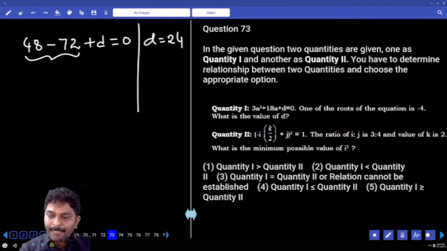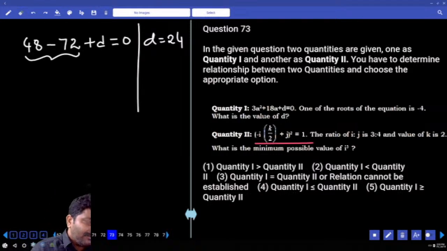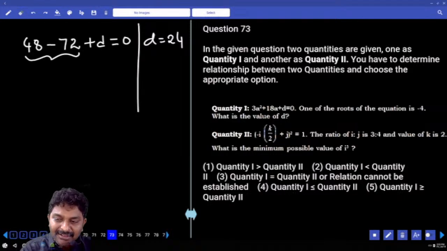Next Q2. We were given one equation which is equal to 1. If you observe carefully, the first bracket, open braces and closed braces, and what is the exponent for that?